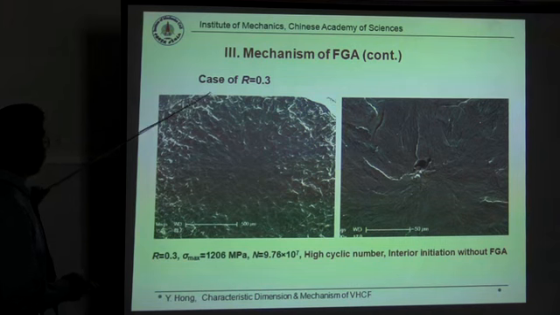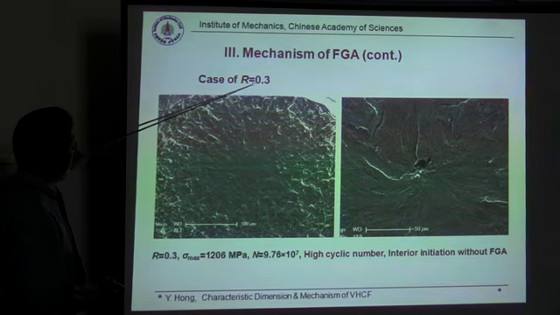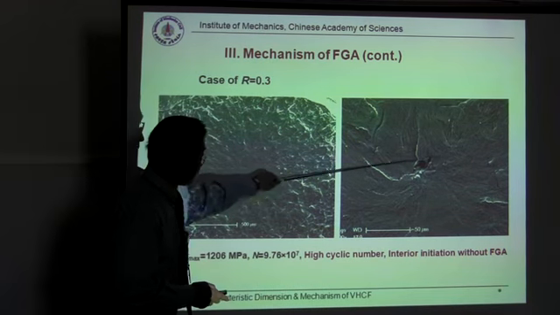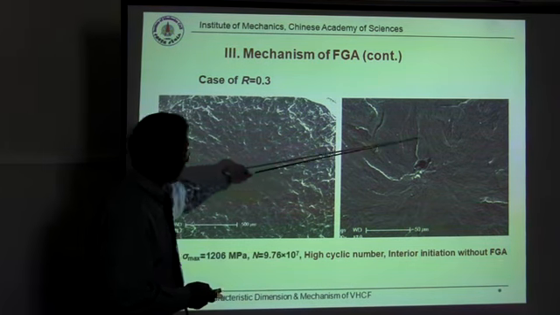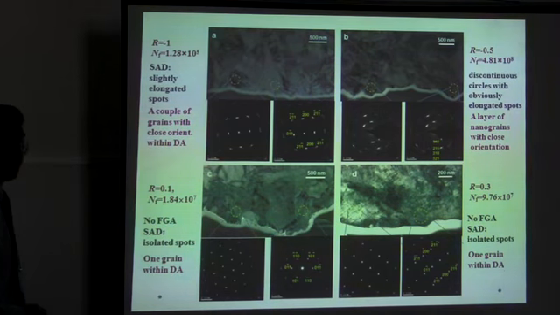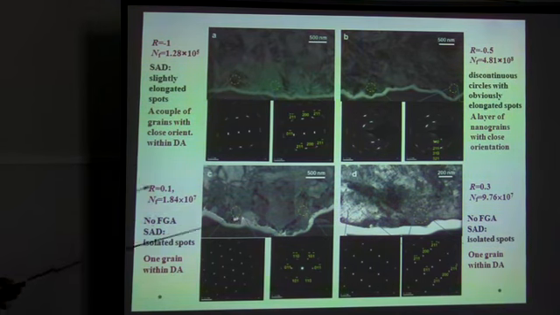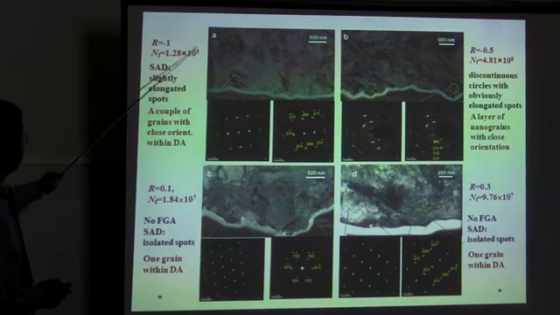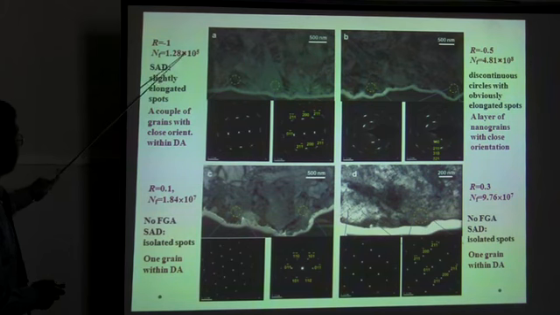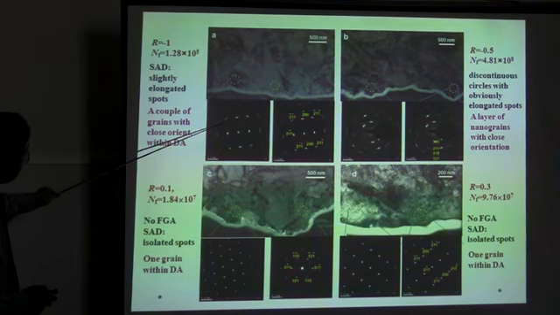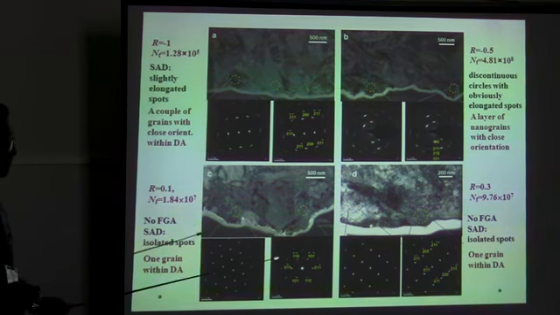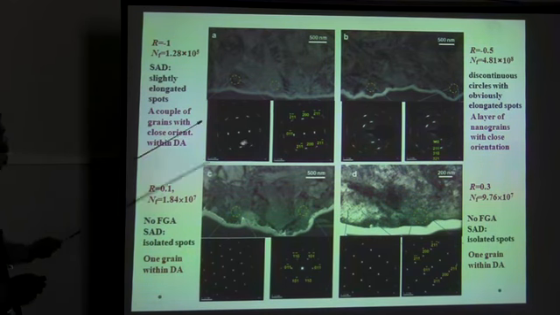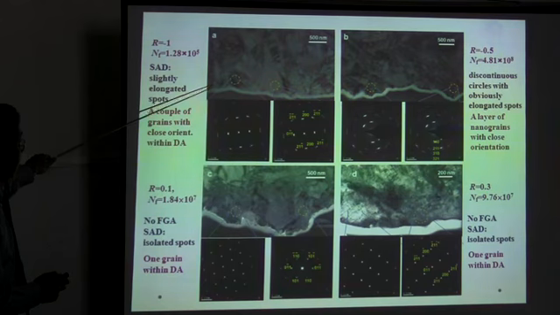And for the ratio of +0.3, we also do not see the FGA morphology. And we also use the FIB technique to cut small samples to show that for -1 and 10 to the 5, which is not a large number of loading cycles, it's a kind of slightly elongated diffraction pattern, showing perhaps just a couple of grains within the diffraction area.